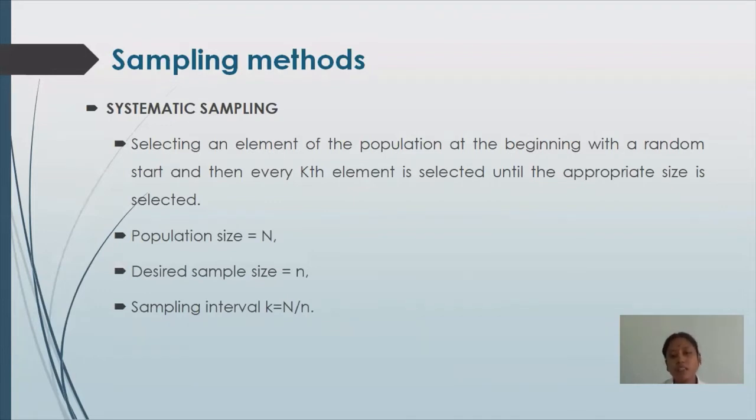Next every 10th means 5, then 15, then 25, then 35 and so on. Likewise, if we are selecting systematically, then it is a systematic sample. For example, if the population size is capital N and the desired sample size is small n, then the sampling interval will be N divided by small n. That means the population size divided by our desired sample size. The number which we get will become the sampling interval.